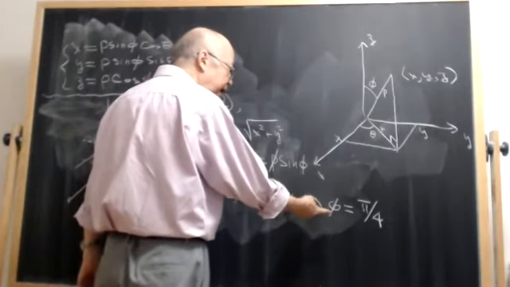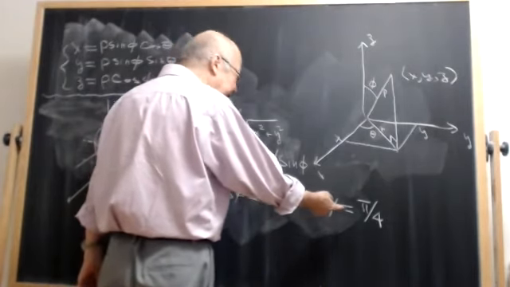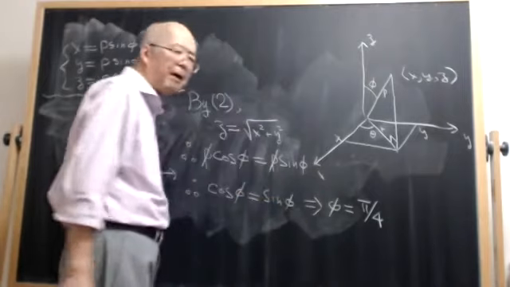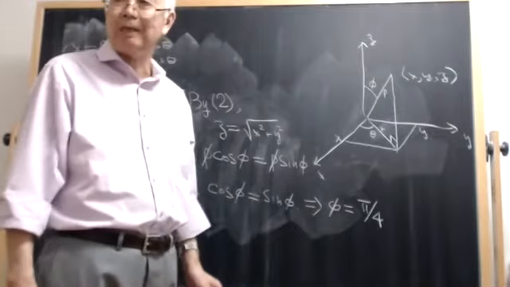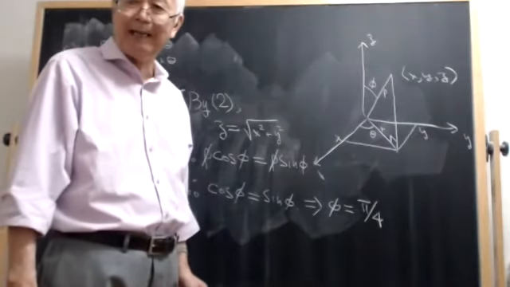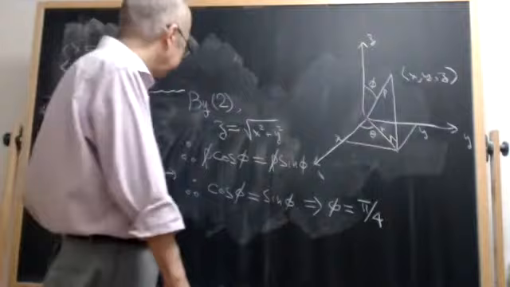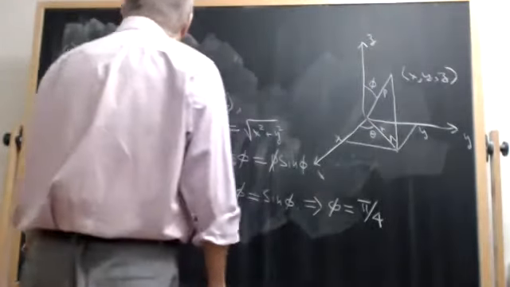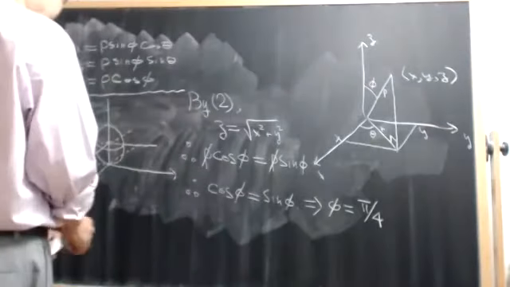And the only angle between 0 and pi satisfying this is pi by 4. We don't use degrees, we use radians. All right. So it's 45 degrees.